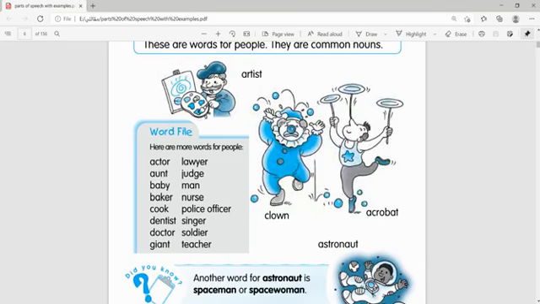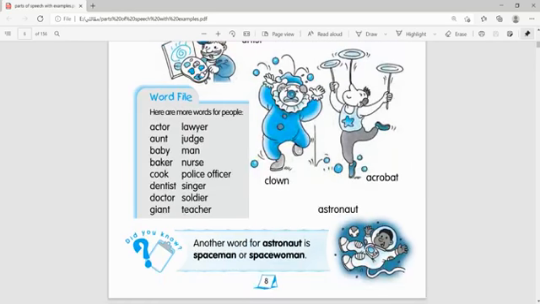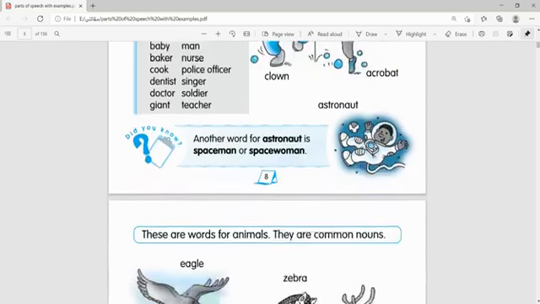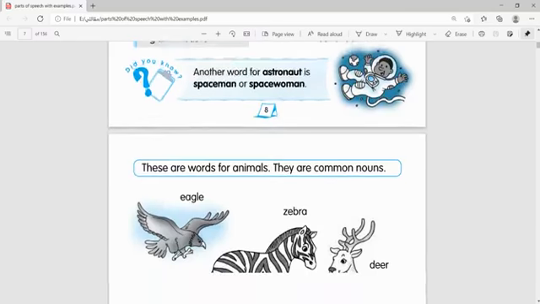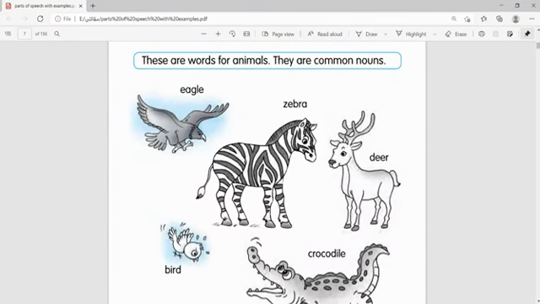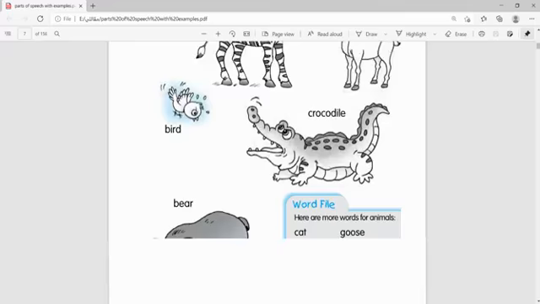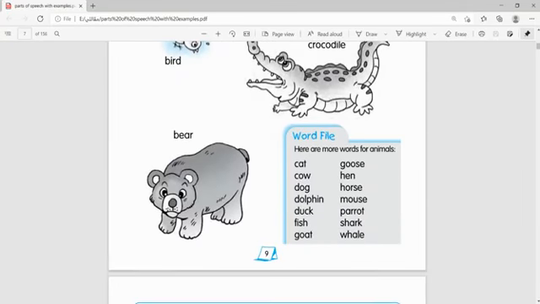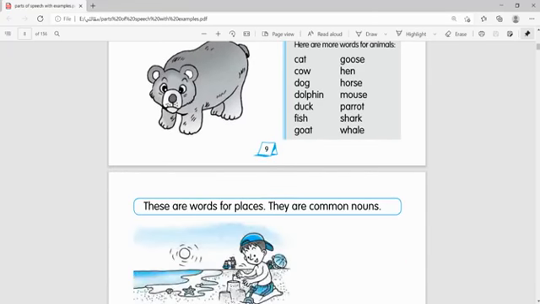All these are common nouns for people. Look at this: zebra. You can't call any other animal a zebra except the zebra itself. Common nouns for animals: eagle, bird, crocodile, cat, dog, horse, mouse, parrot, shark, fish, bear. All these are common.